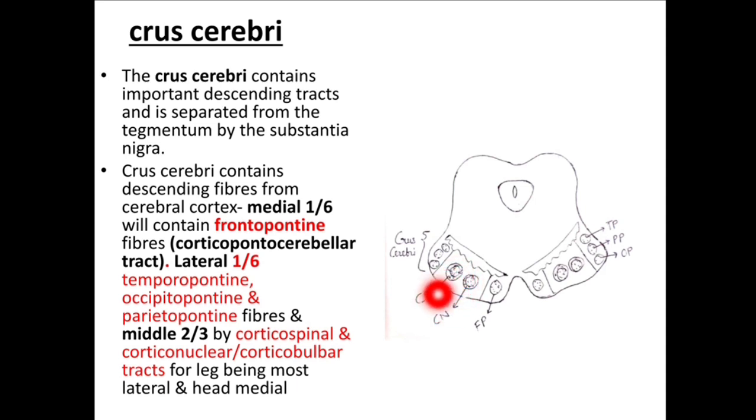Corticospinal, from the cerebral cortex to the spinal cord, is known as the pyramidal tract, and corticonuclear runs from the cerebral cortex to cranial nerve nuclei. So this is all about the crus cerebri, the anteromost part of the midbrain.